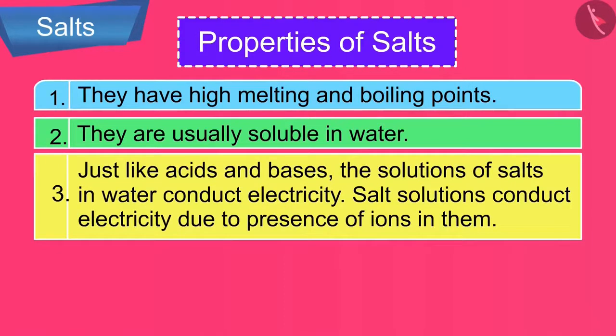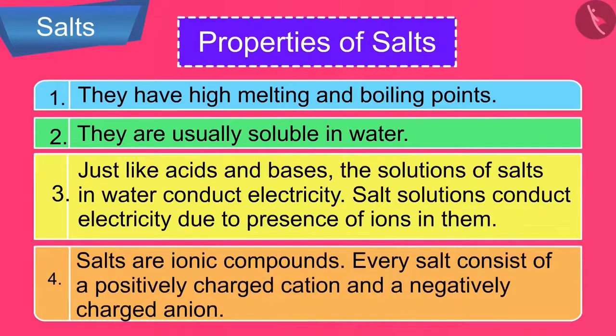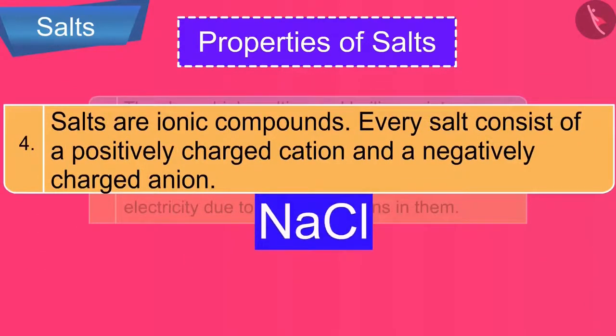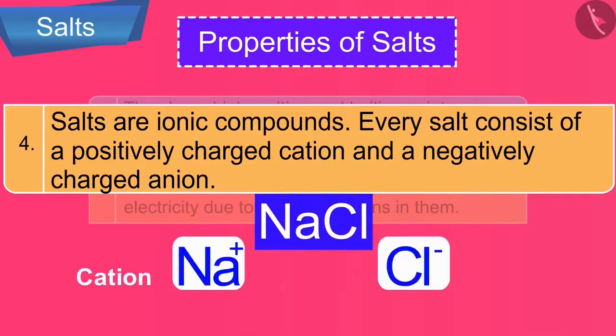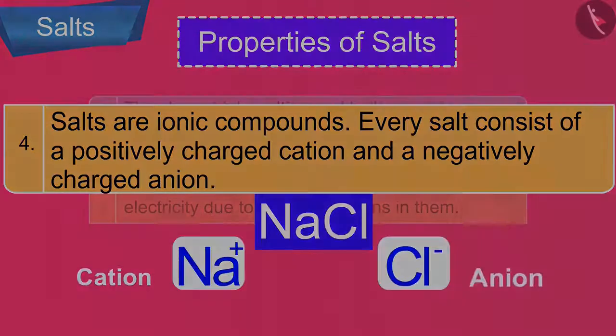Salt solutions conduct electricity due to the presence of ions in them. Salts are ionic compounds. Every salt consists of a positively charged cation and a negatively charged anion. For example, the salt NaCl has Na+ cation and Cl- anion.